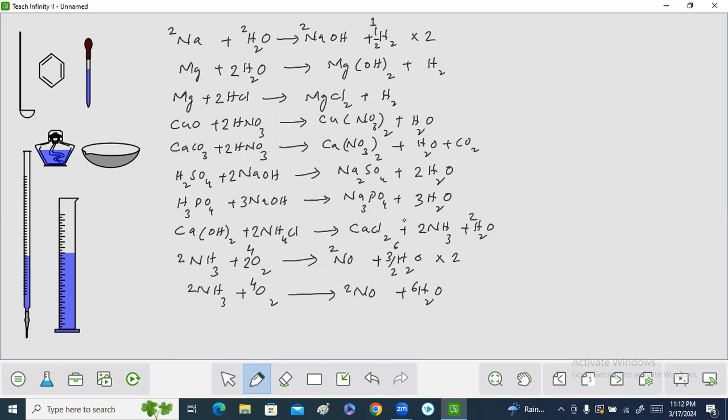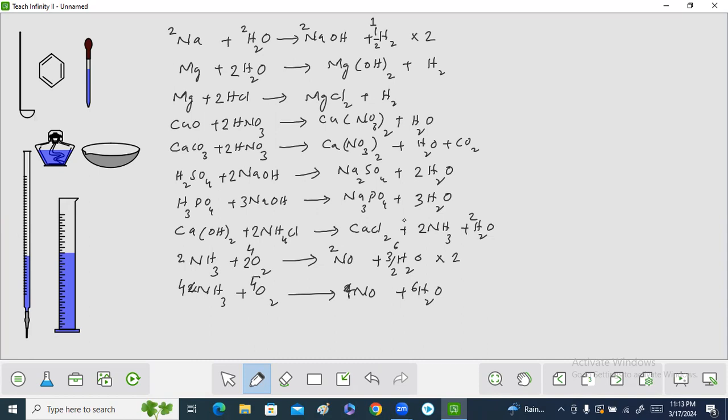Now, this is not balanced because 3 times 2, 6 hydrogens are there. Here we have 6 times 2, 12 hydrogens are there. So if we want to make 12 hydrogen, we can use 4 here. 4 times 3, 12. Now we have 4 nitrogens, so we can put 4 here. So 6 plus 4, 10.